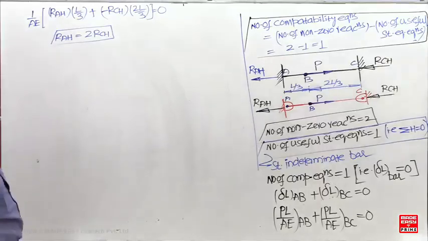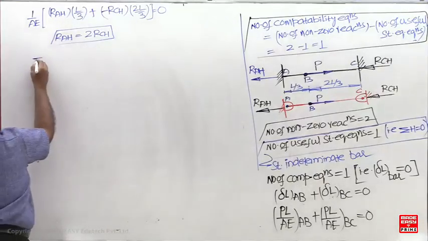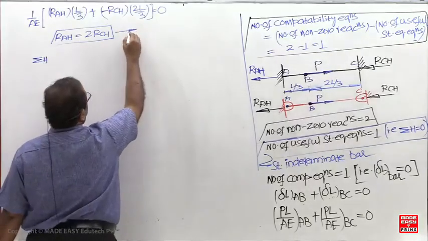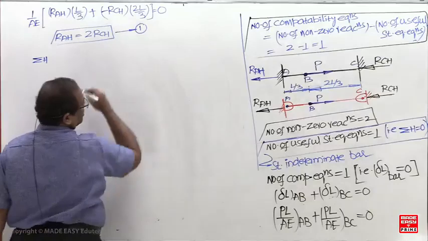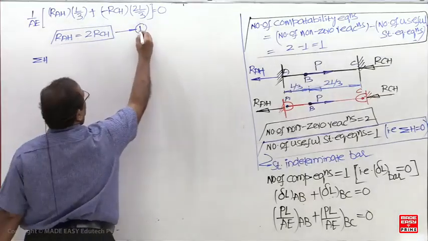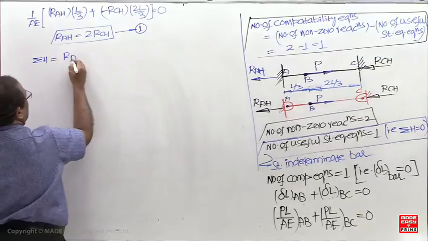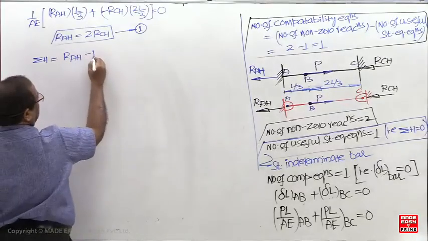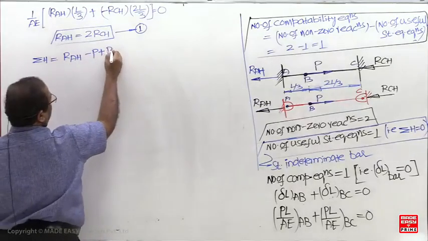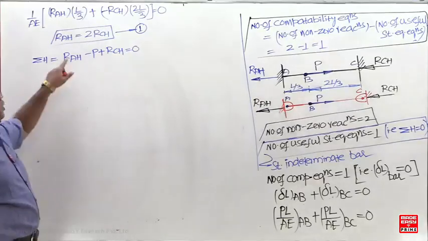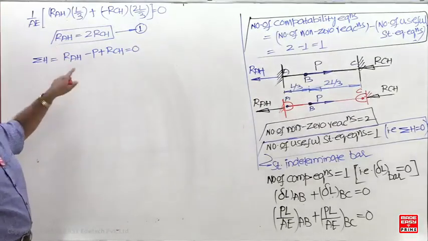the one relation. What is the other equation now? The equilibrium equation: sigma H is equal to 0, so RAH minus P. This relation you got from compatibility, and this is the static equilibrium.